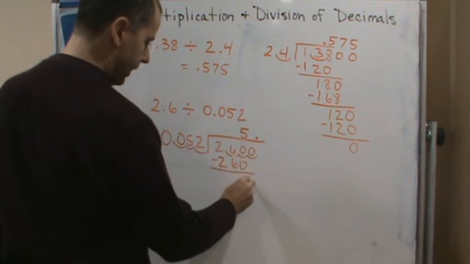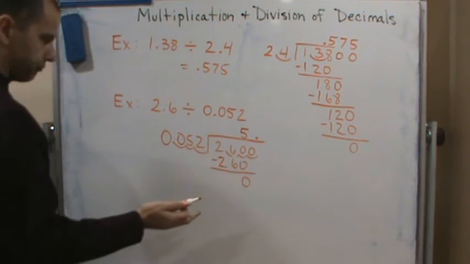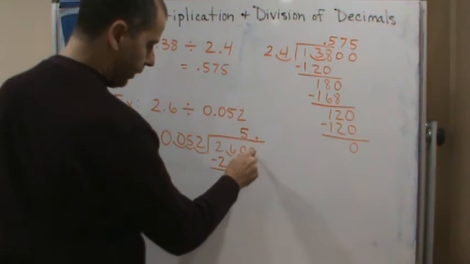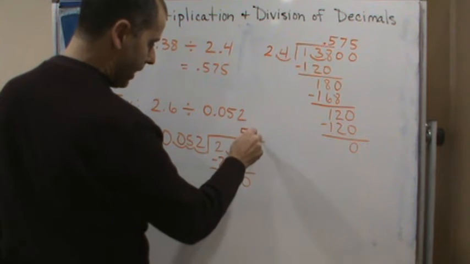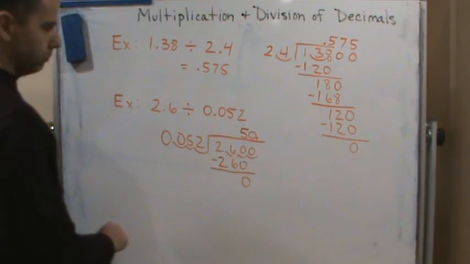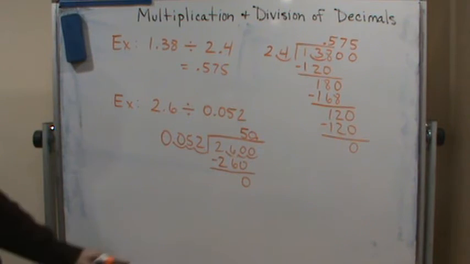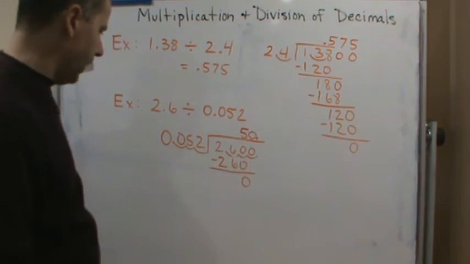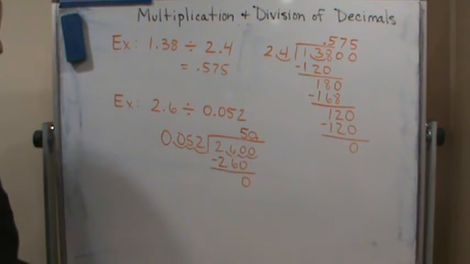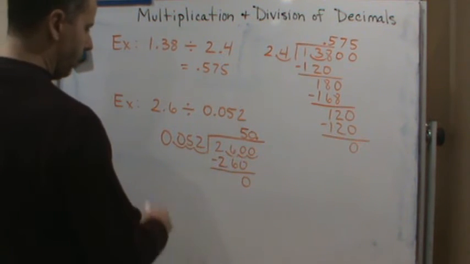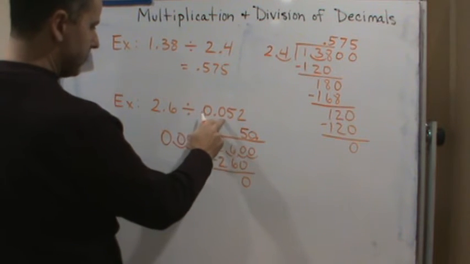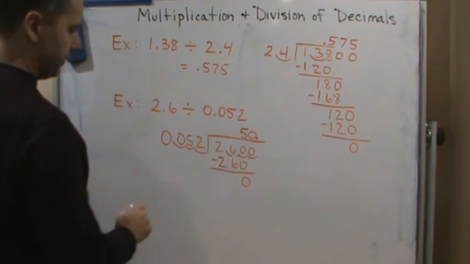And so I'm going to subtract. I get 0. Now, I'm done. I got 0. Now I still have this place value here, so I'm going to raise this up to 0, right? Because I'm done. I got a 0 remainder. So I can fill in the rest with zeros. And so guess what? 2.6 divided by 0.052 is 50.